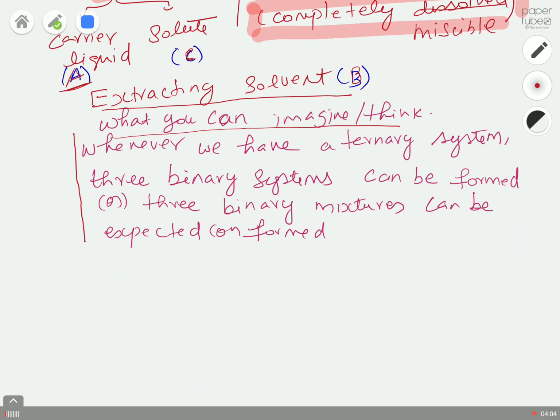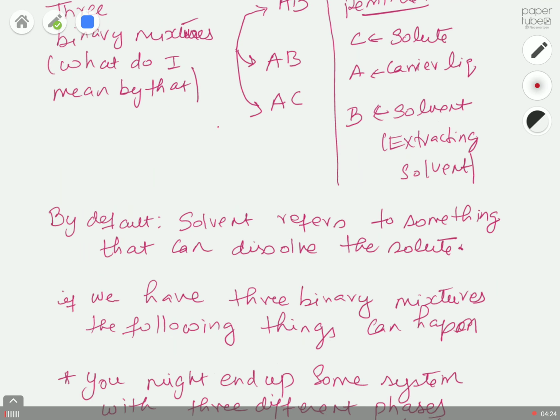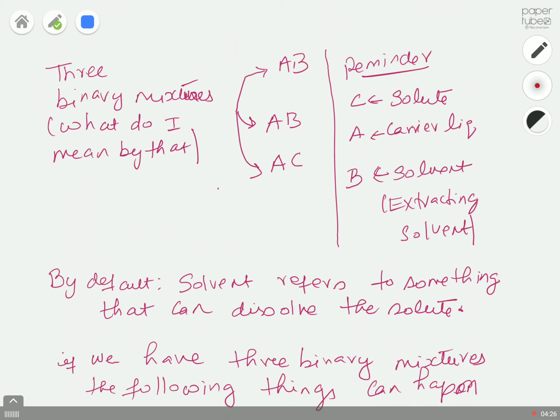Imagine you have a system where you have a feed mixture that already has two liquids, and then you are adding a third liquid which is your solvent. Obviously out of these three liquids you can expect three binary mixtures. This is like stating the obvious. Obviously we cannot do the experiment, but you have to do a bit of thinking. Only then can you understand this complex topic in an easier way.